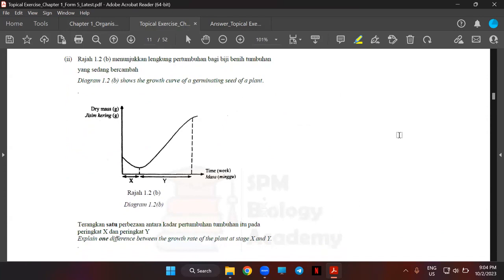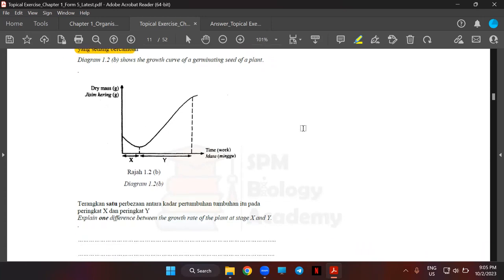Rajah 1.2b menunjukkan lengkung pertumbuhan bagi biji benih tumbuhan yang sedang bercambah. Germinating. Diagram 1.2b shows the growth curve of a germinating seed of a plant. Okay.